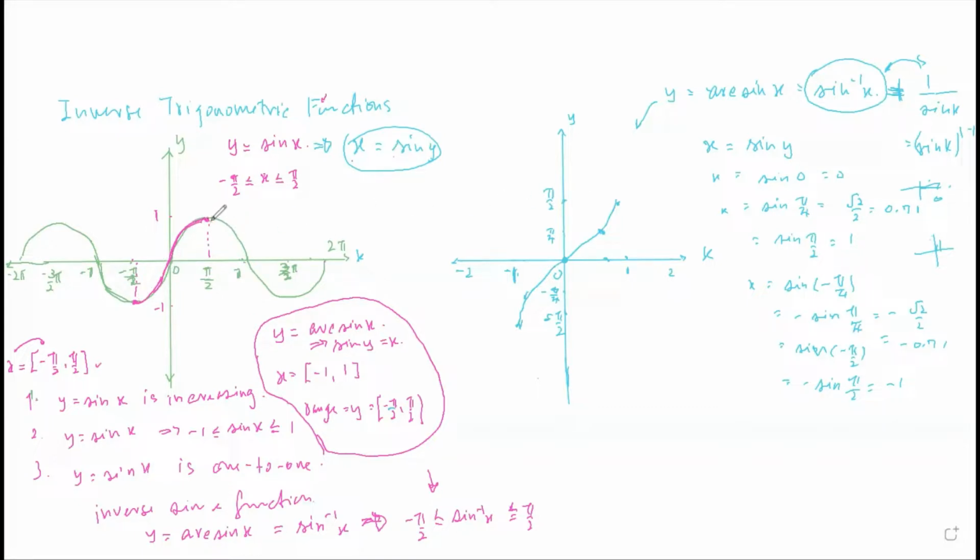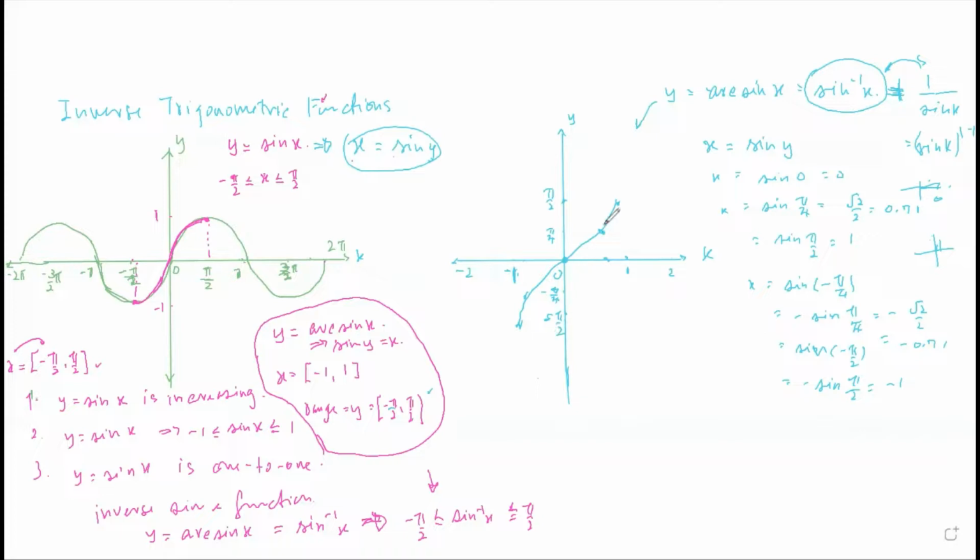If you don't restrict to between negative pi over 2 and pi over 2, then the graph will keep going like this, up, up, up, and this one will go down, down, down, and then finally it's not a function anymore. Everyone get it? If you go over pi over 2, the graph will go up like this, and the bottom will go down like this, curve like this. So then x has to be y now.